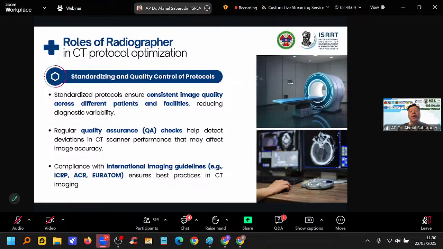And then regular quality assurance checks, which can help to detect a deviation in CT scanner performance that may affect our image accuracy. So this is very, very important. Quality assurance, you cannot skip it, you cannot miss it. We want every single patient who comes to us to receive the best of our services.